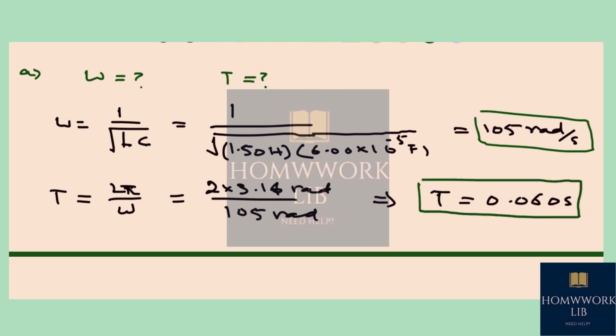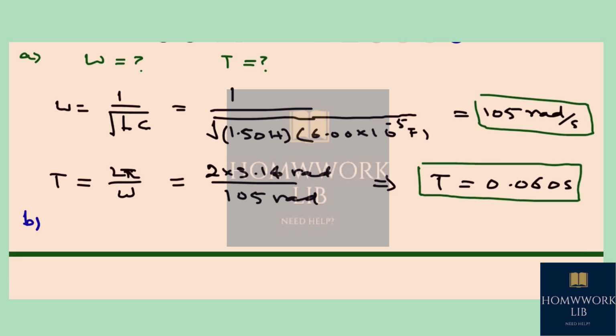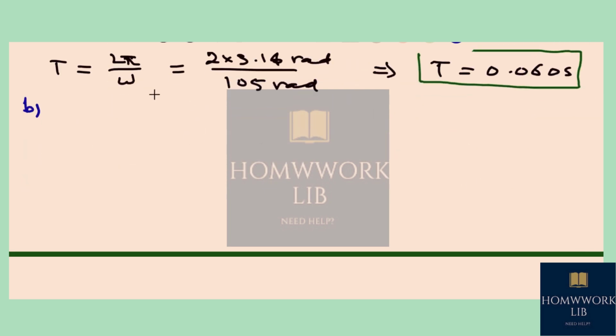Now in the second part of this problem, we are going to calculate the initial charge on the capacitor plates, that is what we call Q naught. For this quantity, we can write the equation Q naught equals C E, where E is the potential difference between the plates.